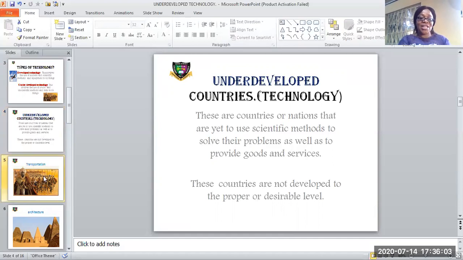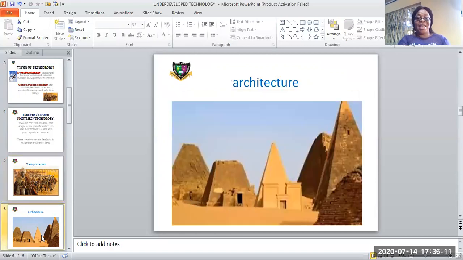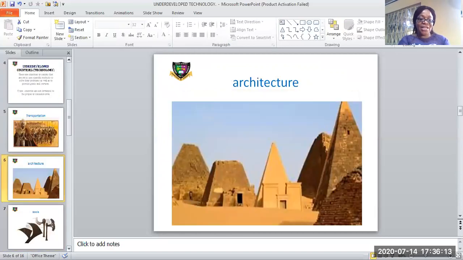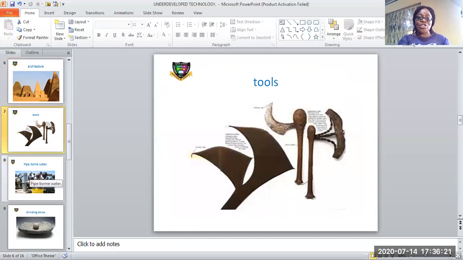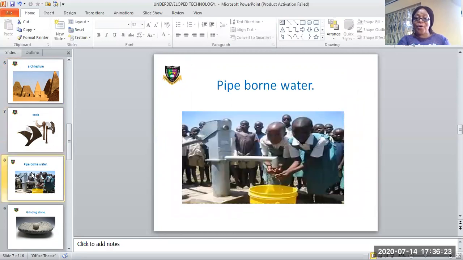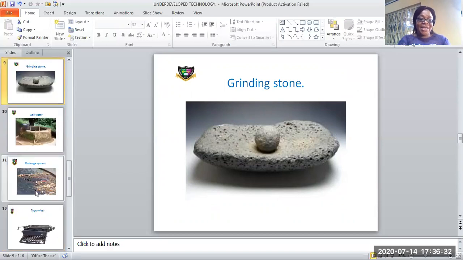And we went on to say that in transportation, they are lagging behind. In housing or agriculture, they are lagging behind. Are we together? In the use of farm tools, they are lagging behind. In the provision of clean pipe-borne water, they are lagging behind. In the level of technology, they are lagging behind.